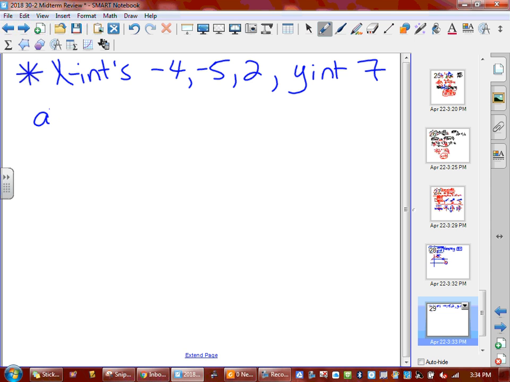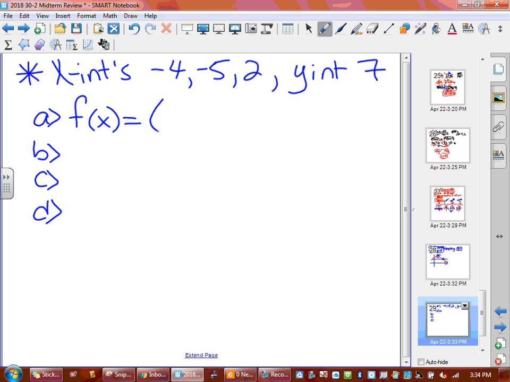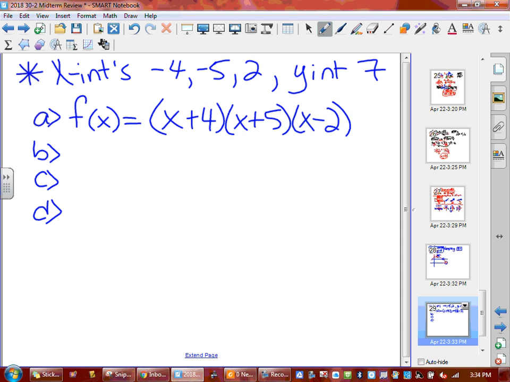Well, if it's A, B, C, D, you literally put it in your calculator and figure it out. So they're going to show you ones like this, though. They're going to have f(x) equals (x + 4)(x + 5)(x - 2), whatever. Okay, they're going to have it set up where you put them with the brackets. Use all the brackets. Type exactly what you see.